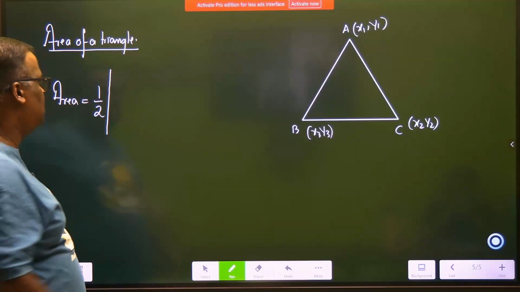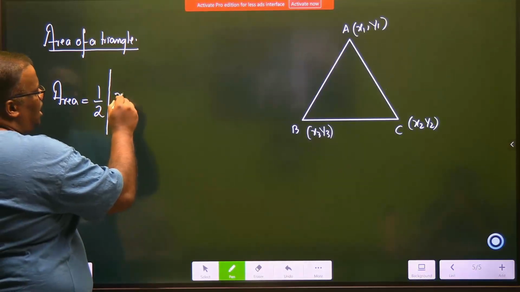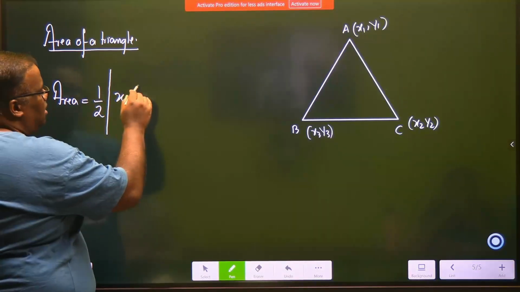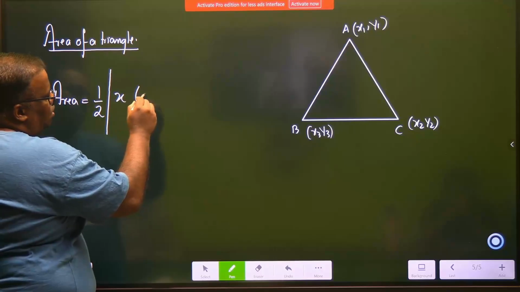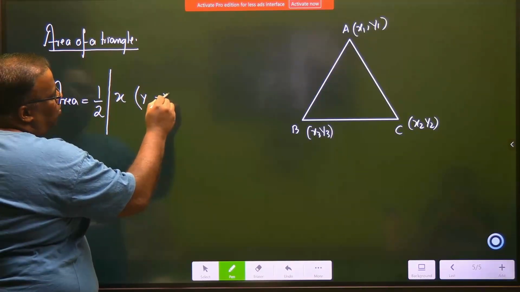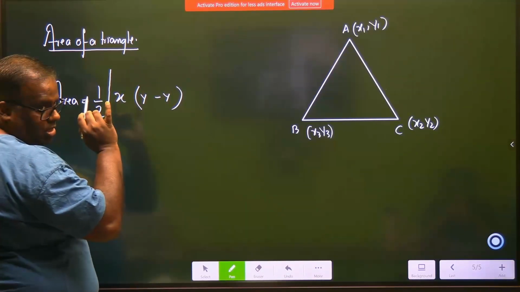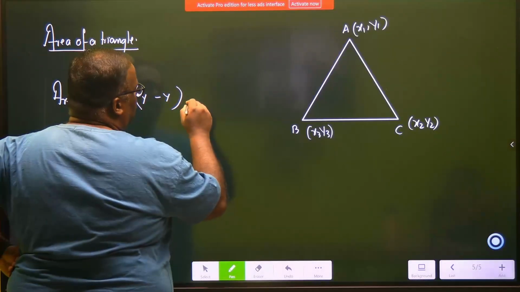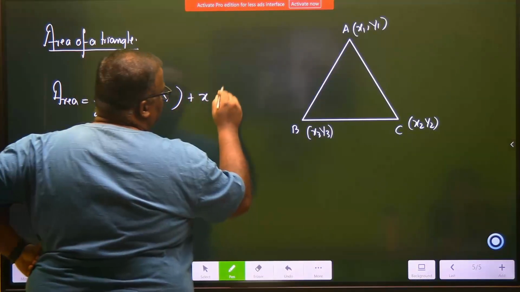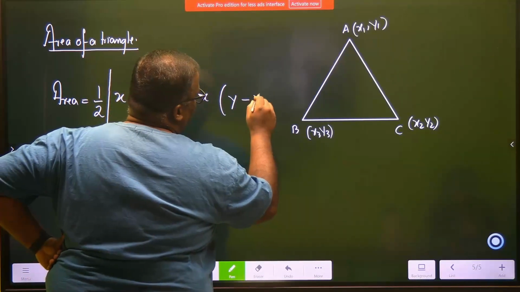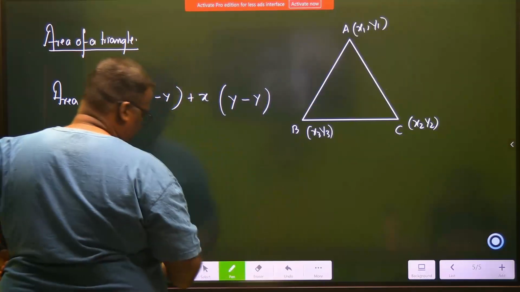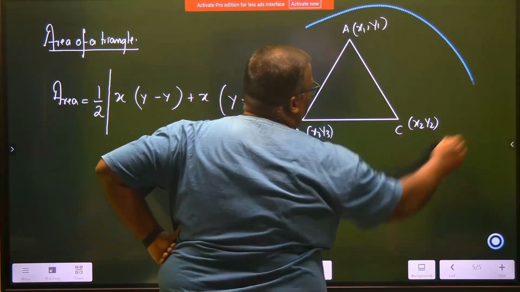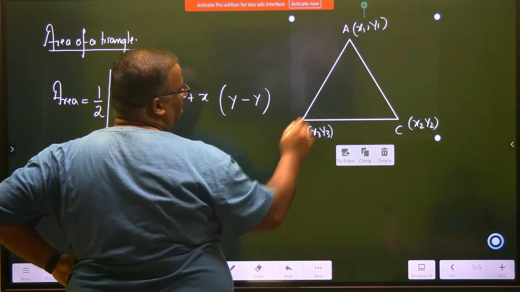Half modulus. Look what I'm doing. X, I've given a space, y minus y. Plus again x, y minus y. Observe, I'm leaving some space.